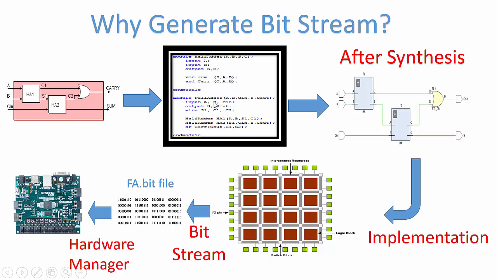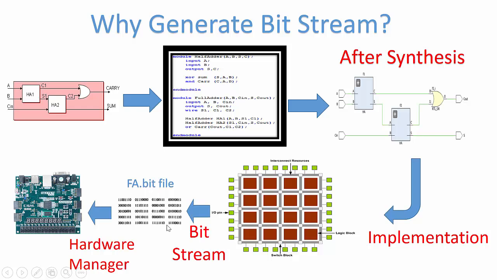Let us talk about bitstream. Bitstream converts our design to bit format. Why? Because an FPGA can understand only logic 1s and 0s. For that purpose, our design is converted into a .bit file.